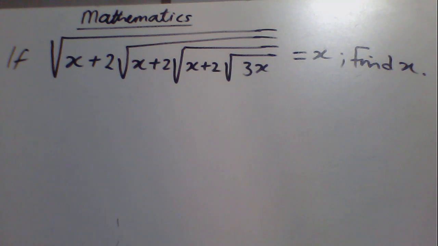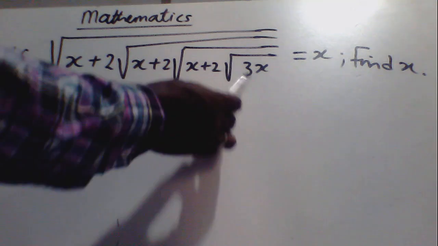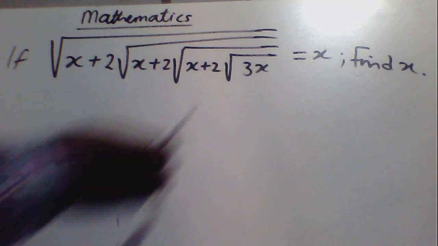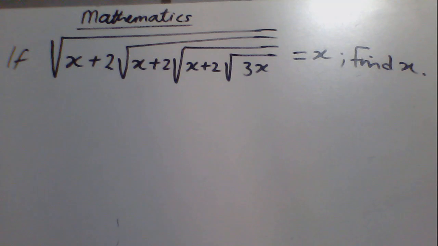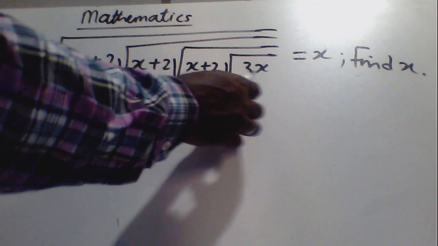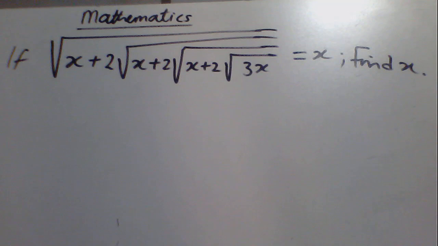First of all, we must start by finding the value of a perfect square, a number that when we multiply it by 3, will give us a whole number, that is, when we find the square root of 3 times that number, it will give us a perfect square.